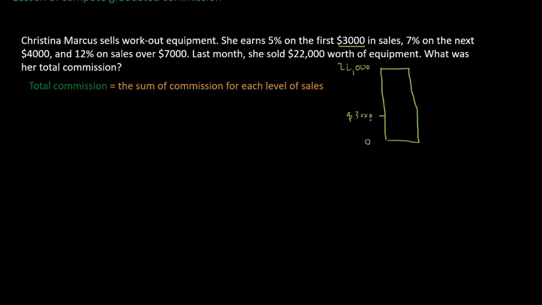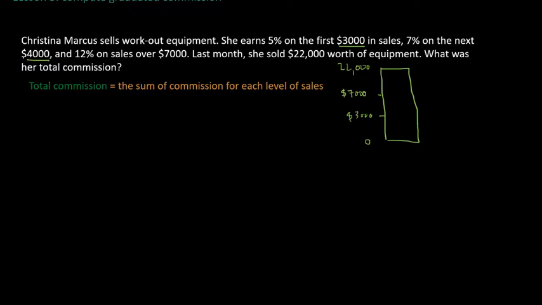So every penny she sells above that, it says she earns 7% on for the next $4,000. So they're saying that once she hits $3,000, for the next $4,000 in sales, she's making a 7% commission rate. In other words, they're saying that until she hits 7,000, right? So she sells from 0 to 3,000, she gets a certain rate. She hits $3,000, her commission rate bumps up.